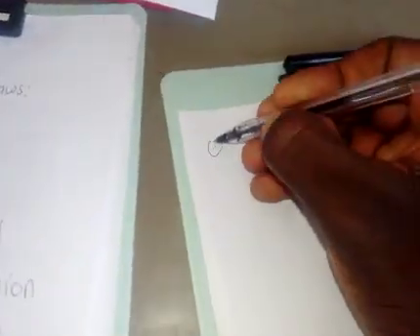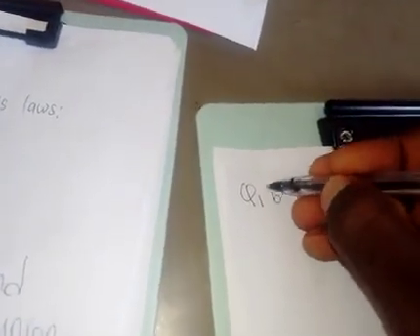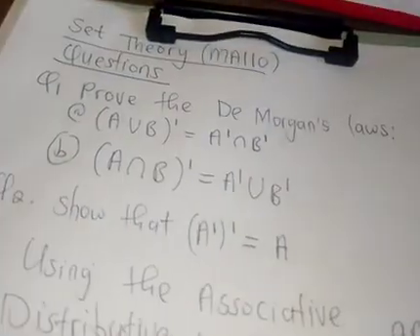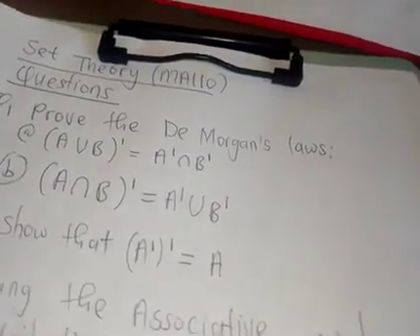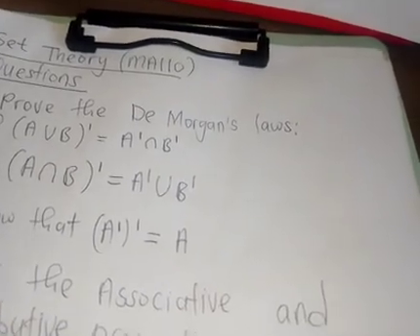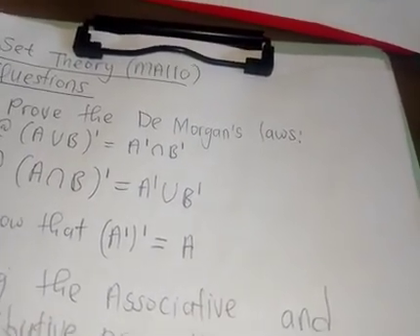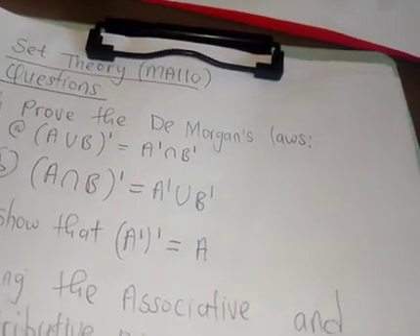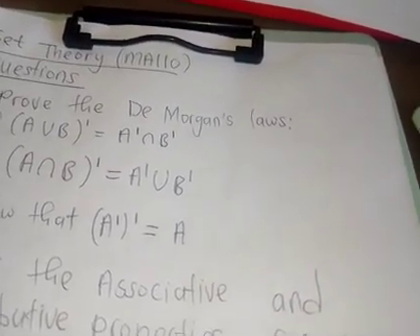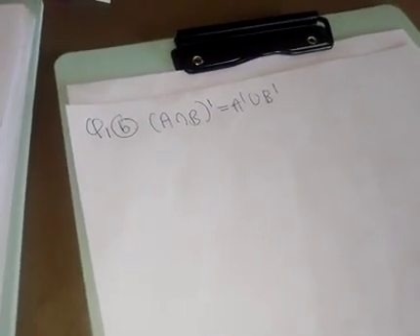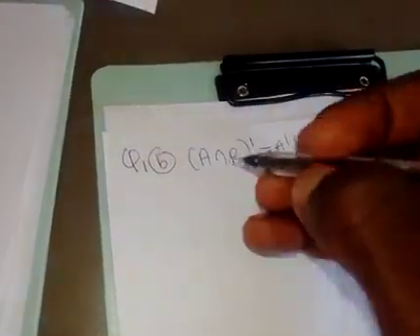So we are still dealing with question 1b. So for question 1b, we have to prove A intersect B complement being equal to A complement union B complement. So we just do similar things, just like question 1a.